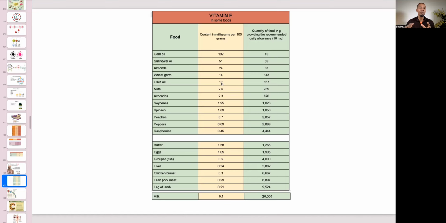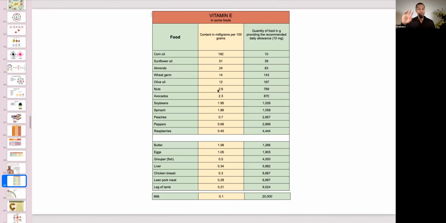If you have to use it, make sure you see that label, cold press extra virgin. And by the way, if you're going to use it, please don't fry with it, because if you fry with it, you're pretty much turning it into a trans fat. So don't fry it. Look at this. In a cup of olive oil, you're going to get about 12 milligrams of vitamin E.